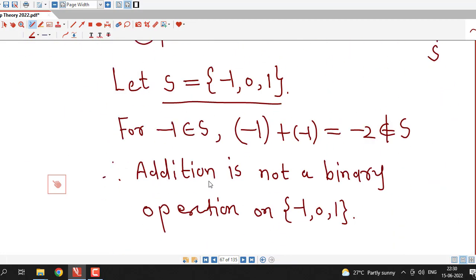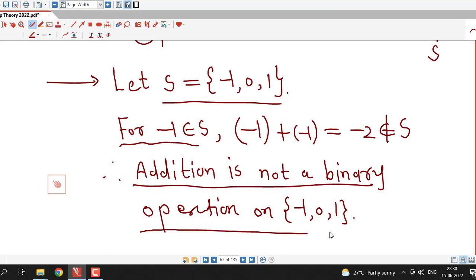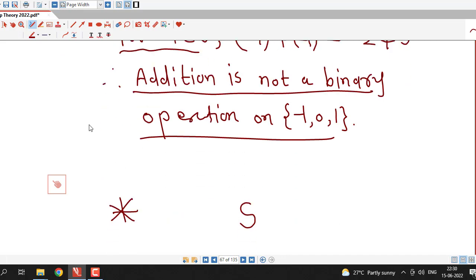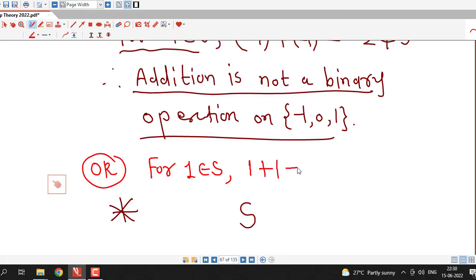S is the given set we denote by S, and we simply write that for -1 in S, -1 plus -1 is not in S, therefore addition is not a binary operation on -1, 0, 1. Or we can write for 1 also. For 1 belongs to S, 1 plus 1 equal to 2, but this is not in S, therefore addition is not a binary operation on the given set -1, 0, 1.